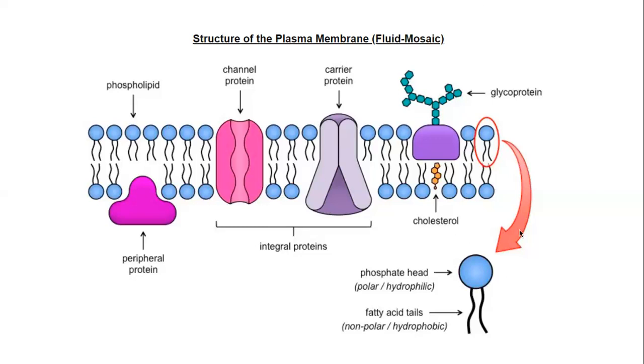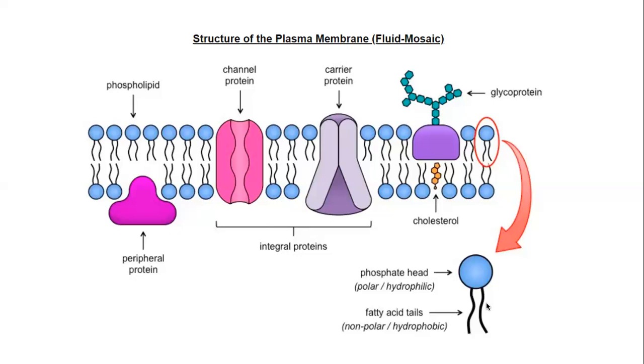So here's a zoom up on a phospholipid. We have that phosphate group, which is going to be polar. And then we have these fatty acid tails, those long hydrocarbon chains that we looked at at the beginning of the lecture.